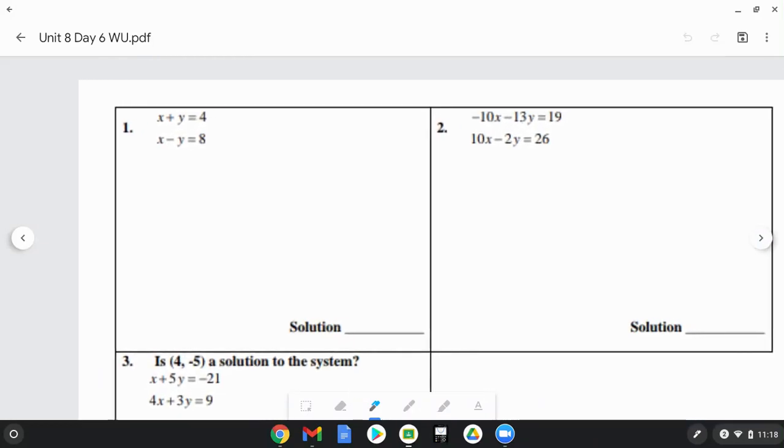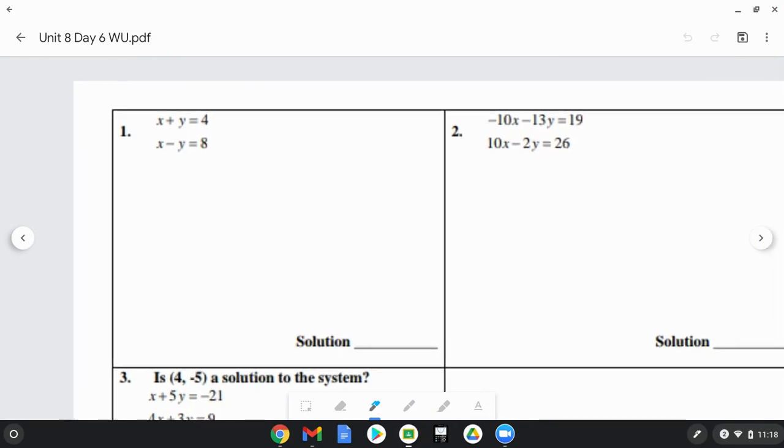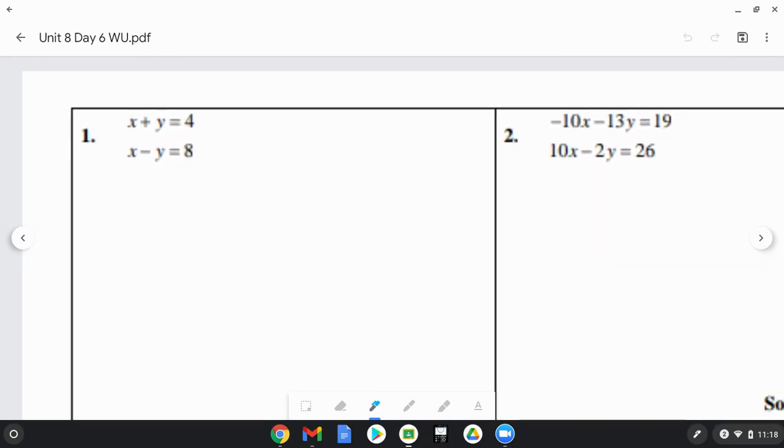All right. So if we take a look at number 1, a nice thing about number 1 is I noticed that these y's are already exact opposites. One is a plus 1, one's a minus 1. So I don't even have to multiply by anything here. So if I add the two equations together, I get a 2x. The y's cancel, and I'm left with 12.